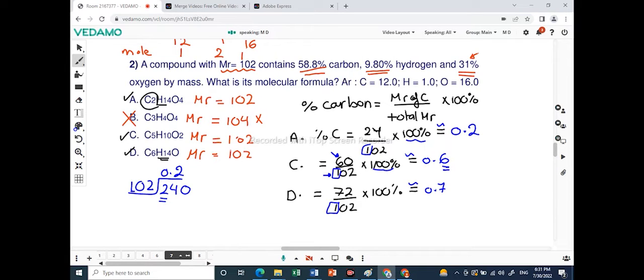But this will give you in some way an approximate percentage of which one is the final answer. I'm looking for the carbon, which is 58.8%. So it is approximately 60%. So which one will give me 60 after multiplying by 100? It's my C answer. So my answer is the C.